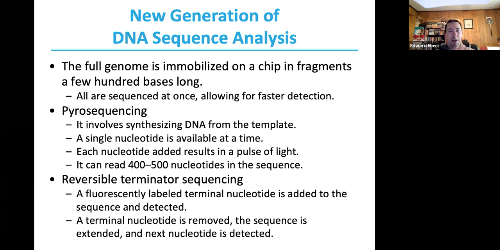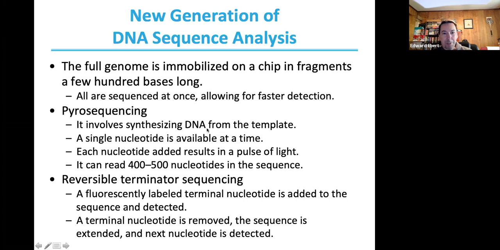I tend to be a straightforward thinker, so I like the idea of starting at one end of the genome and going all the way to the other end. But we just don't have the technology to consistently, accurately, completely cover that. So we cut it up into small fragments, we sequence those fragments, and then we put those fragments back together in the correct order. That would be our chip sequencing technique.